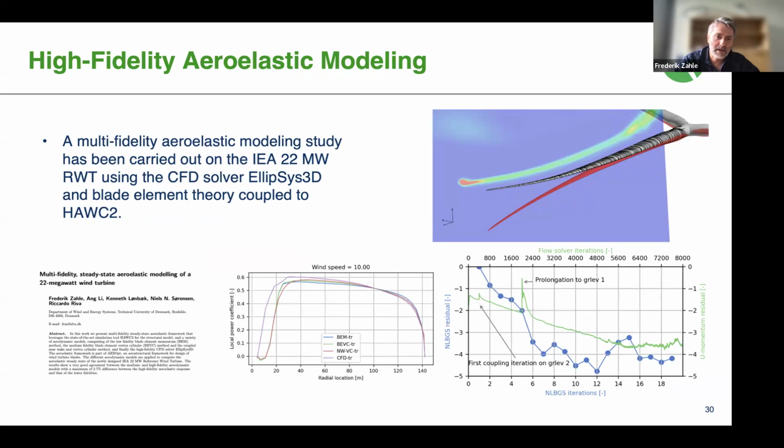In this paper, we describe a comparison between high fidelity aerodynamic modeling, in the form of our Ellipsys3D CFD solver coupled to the static Hawk2 solver, and the medium fidelity codes that we typically use in a design context, ranging from BEM to a near-wake vortex cylinder model that captures a bit more physics than a classical BEM code, and look at how well these different fidelities compare.